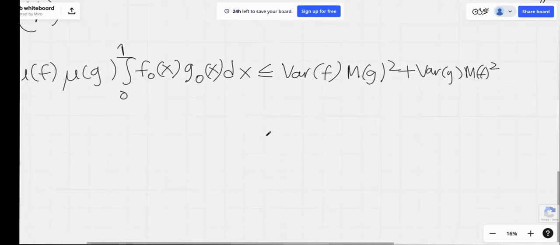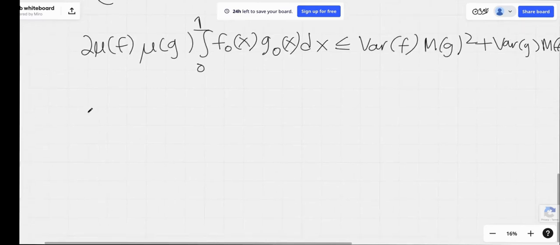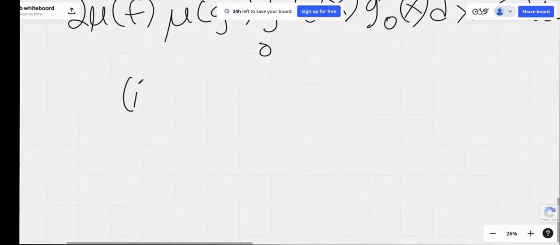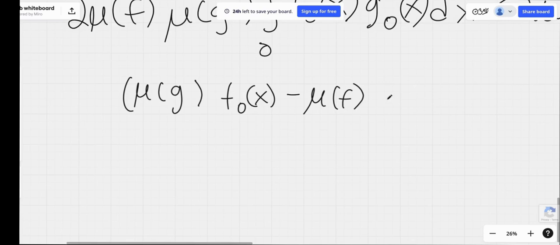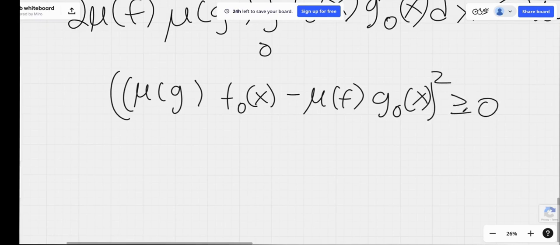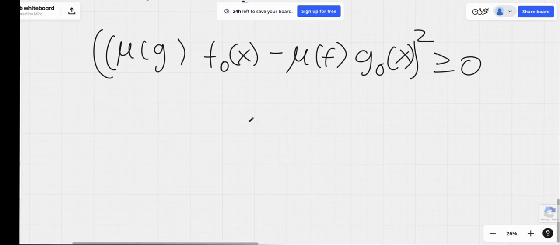Now, notice that this expression, mu of g f naught of x minus mu of f g naught of x, whole square, has to be greater than or equal to 0 because of the square.